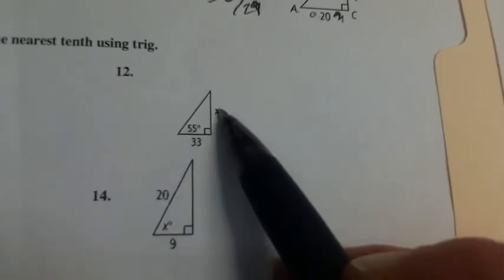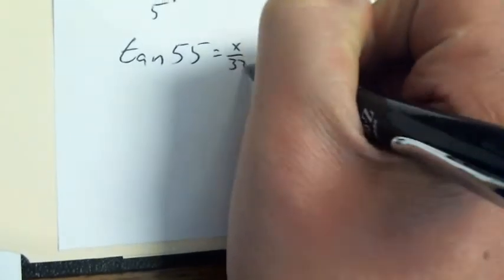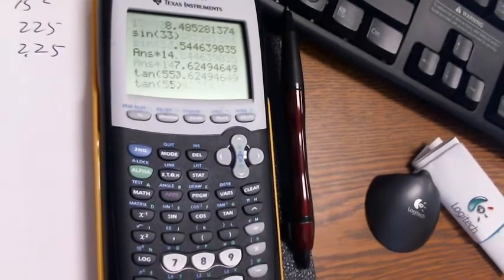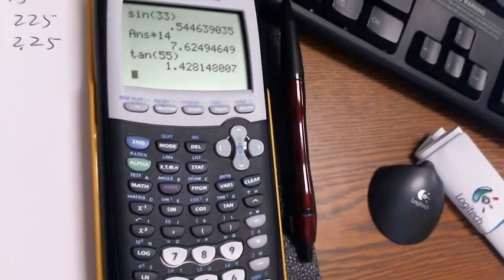Number 12. From this angle, we have opposite and adjacent. We write tangent of 55 degrees equals x over 33. Tangent of 55 is 1.428. I'm still going to use 3 decimal places.